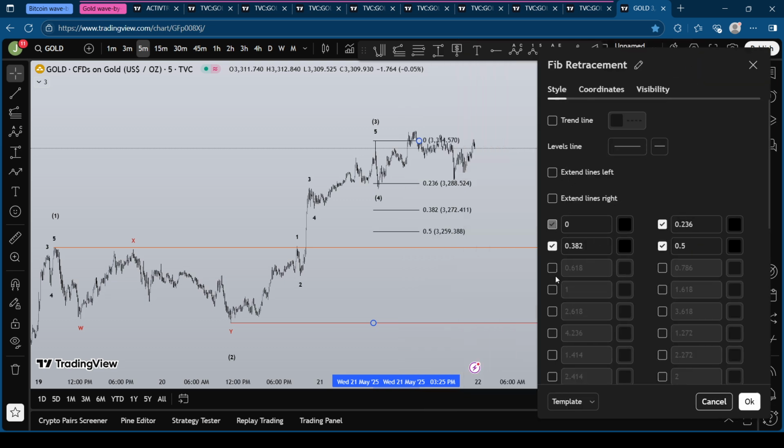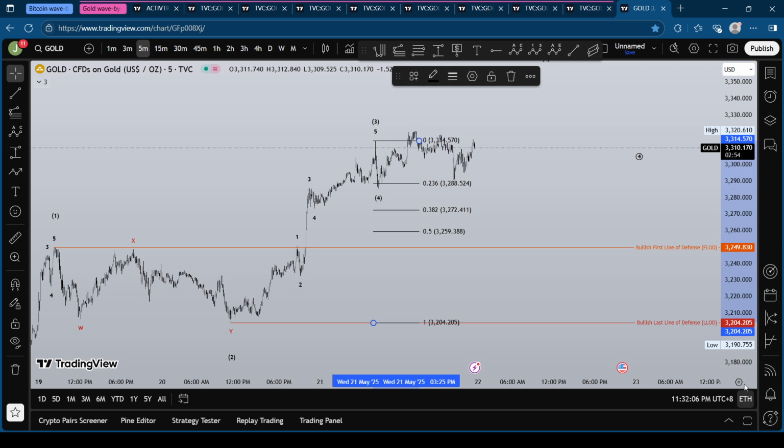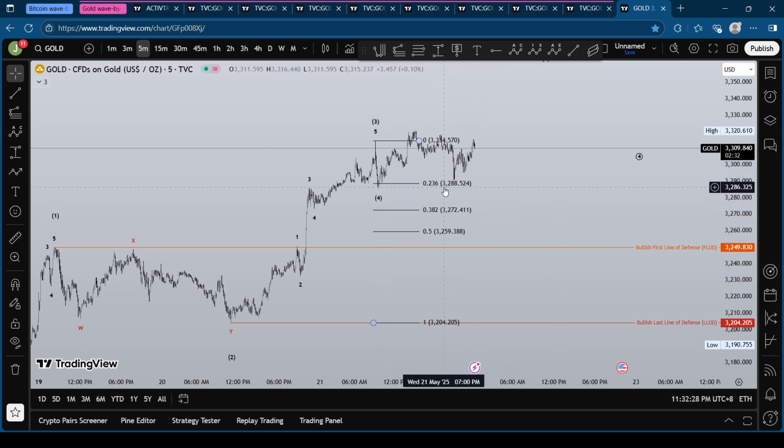To measure wave 4, you have to use the fib breadth, measuring the start of wave 3 to the peak of wave 3. From there, the ideal retracement levels for wave 4, the parenthesis wave 4 here, will be the 236 to 382.